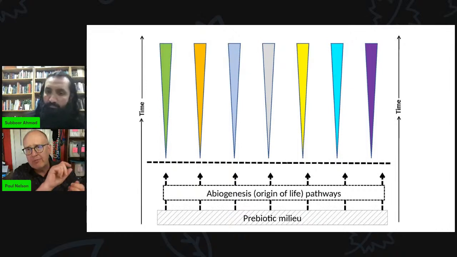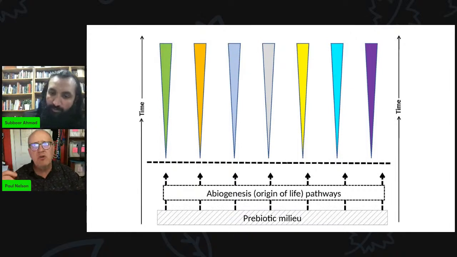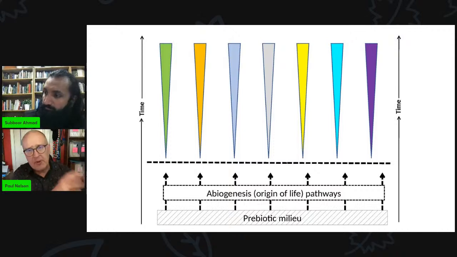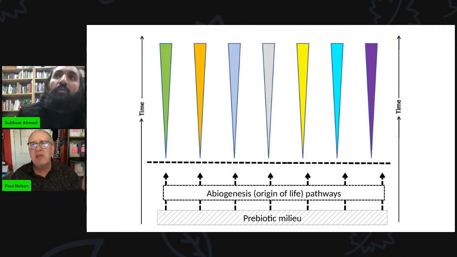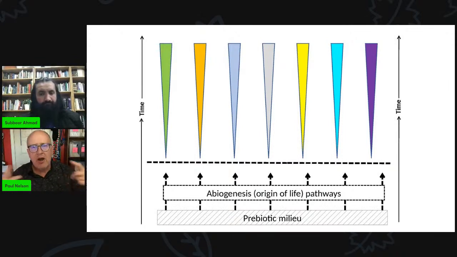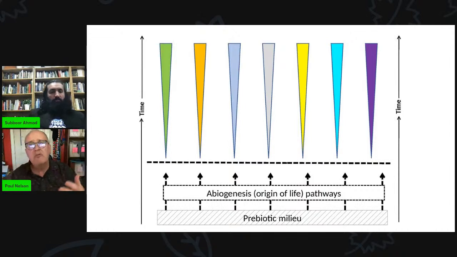You move your probability bead over towards 1, so you don't have to be in any special locale. Let's say you've got alkaline submarine vents all over the globe, churning out biomolecules, or not biomolecules yet, churning out possibly biologically relevant precursors. And you could have thousands of independent starting points.